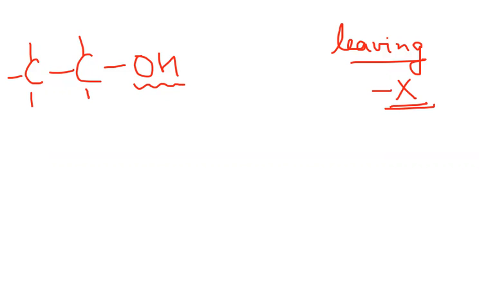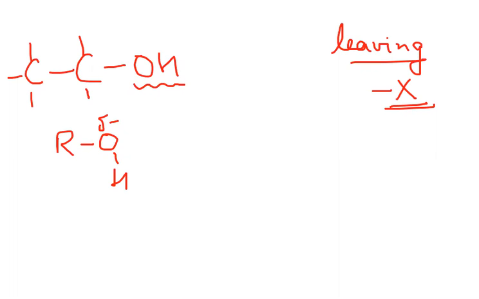So what the anhydrous zinc chloride will do is, suppose this is the ROH that we are talking about, it complexes with the oxygen. This oxygen is delta negative.